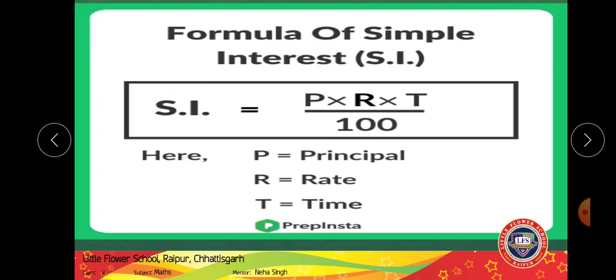So before starting with the exercise, you are going to write these formulas in your copies, right? And you are going to learn all these formulas. So the first formula is this. The second formula we'll be dealing with is of amount.